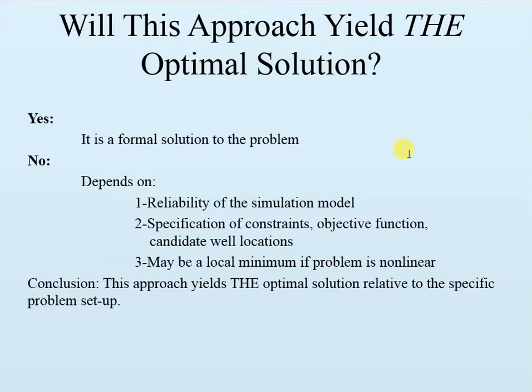Of course, if we put this into an optimization algorithm and solve it, yes, it will. However, it's of course no better than our simulation model and the specification of constraints and objectives and candidate well locations. So these elements of the problem are important for finding an effective solution.